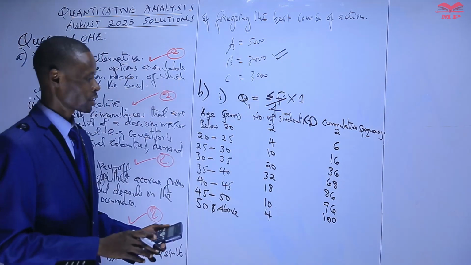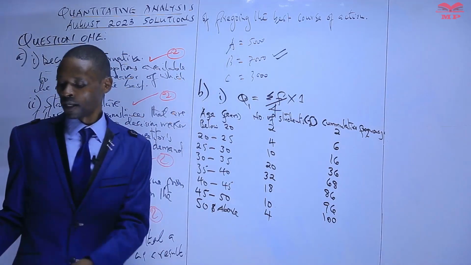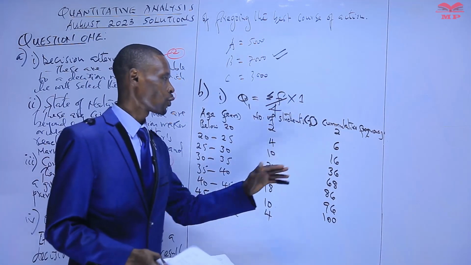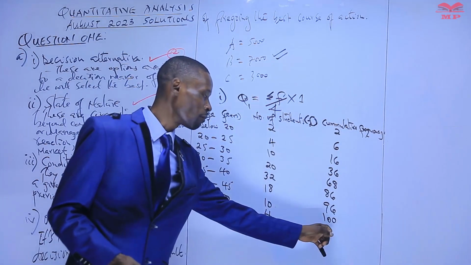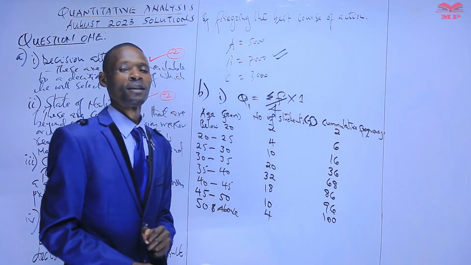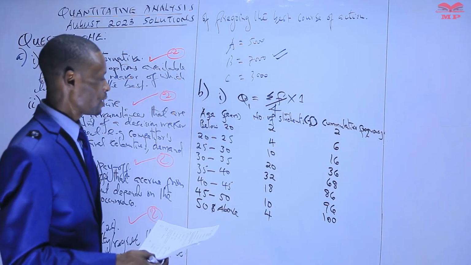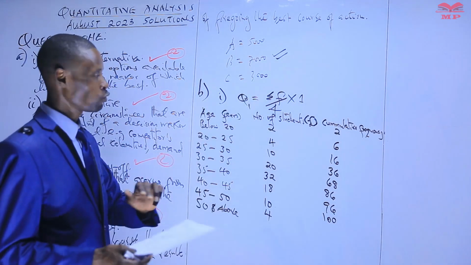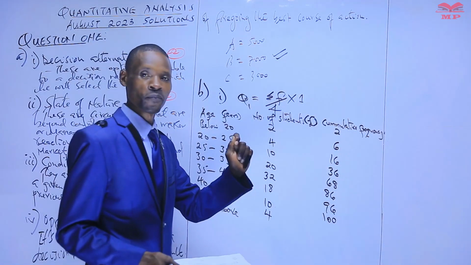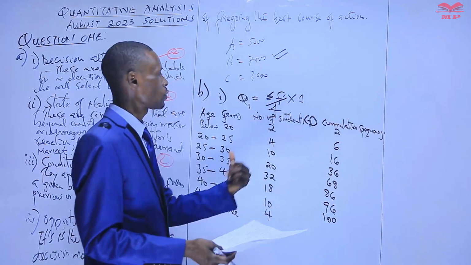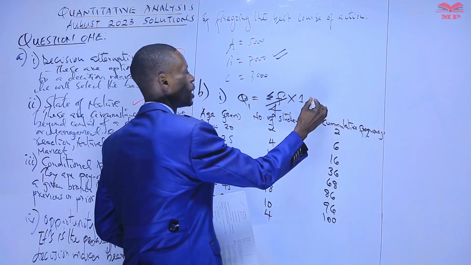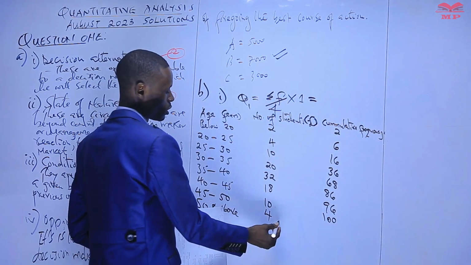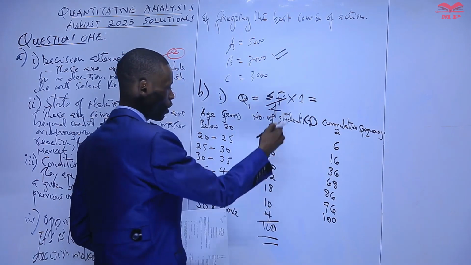That means the number of students in this particular exercise was 100. So the cumulative must add up to 100. Now, Roman 1, we are told to determine the youngest age, which is quartile 1. And that is the formula on how to get the quartile. So this one, summation of frequency, we get as 100, if you add them.